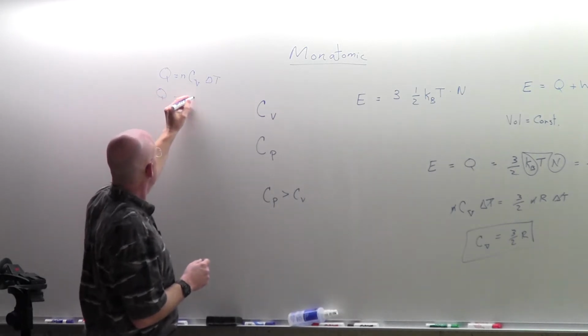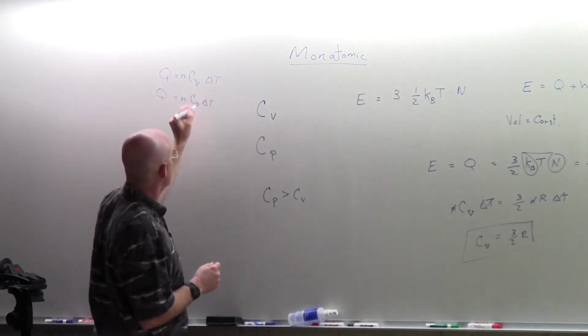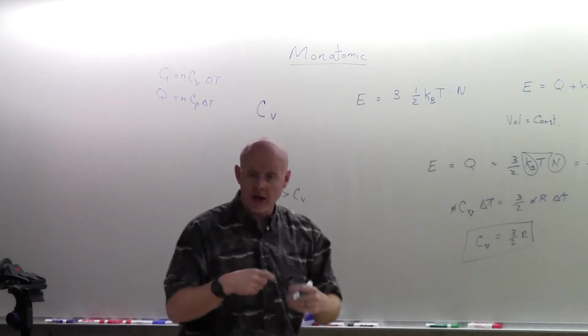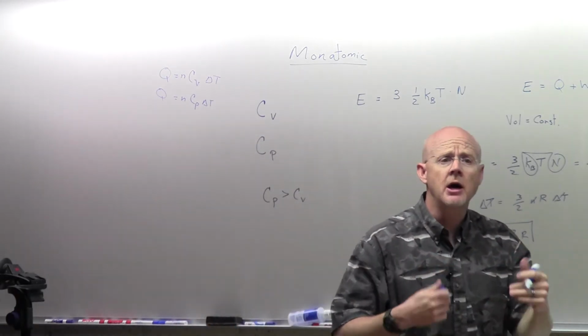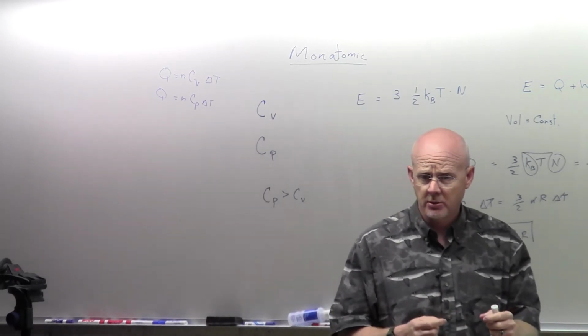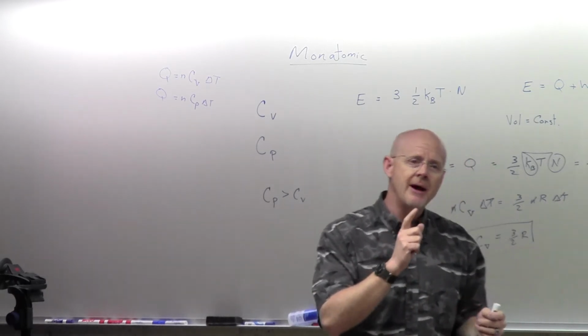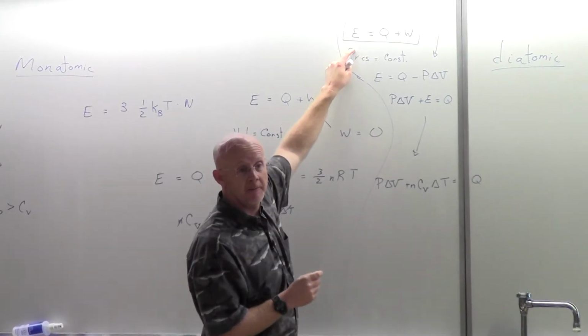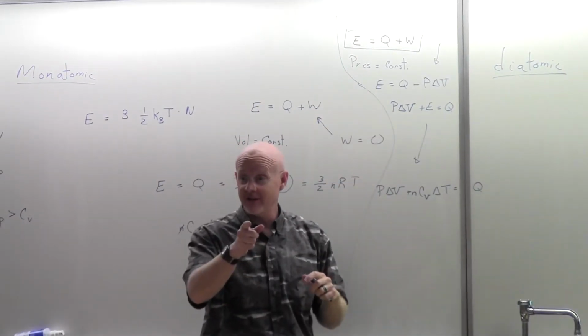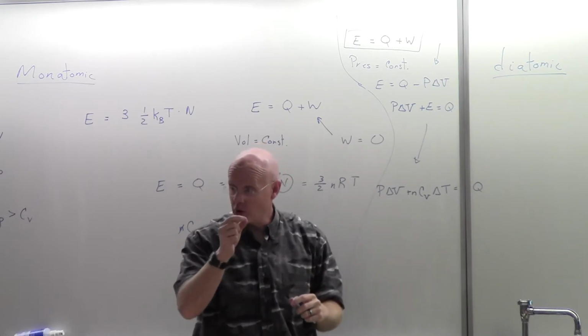Q at constant pressure would be this. Do you get the same Q at constant volume as constant pressure? No. You get the same amount of work at constant volume and constant pressure? No. But what did we say about the E, the internal energy? What's this? Yeah, state function, right?